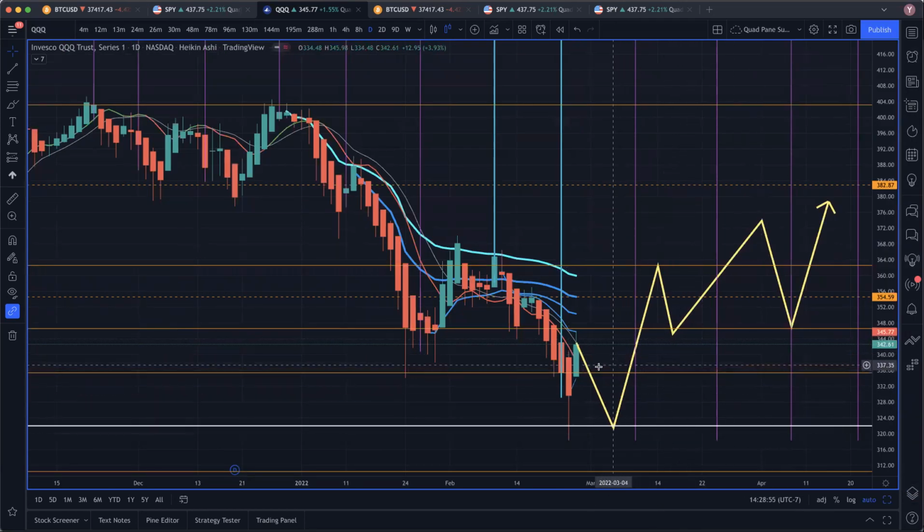Okay, so after reviewing the Qs, the spiders, the Dow, and a few major stocks like Apple, this is my updated forecast path here of what I think is a likely path for price. Now, it's important to understand that the pivots here are dates and not prices.